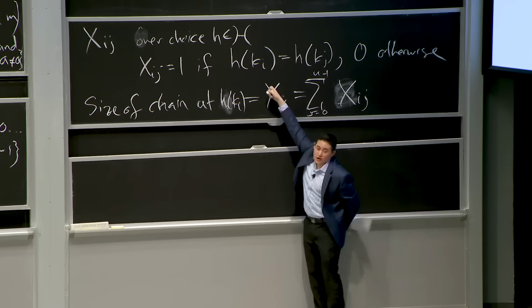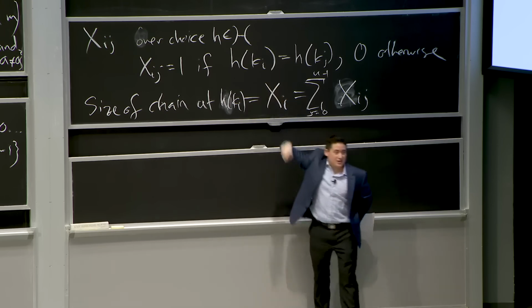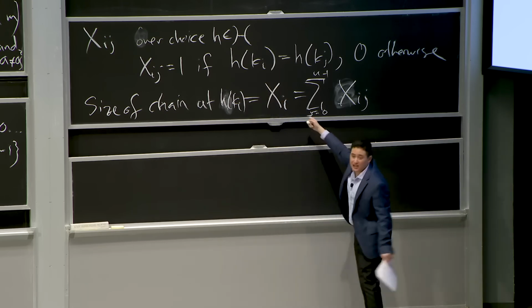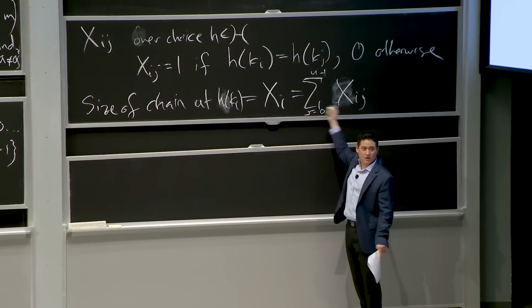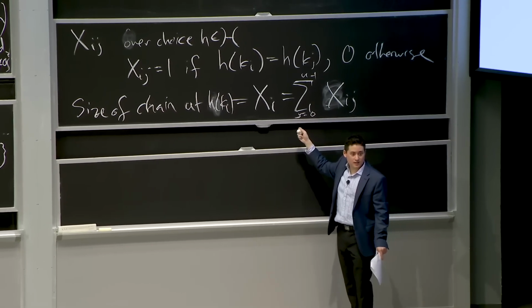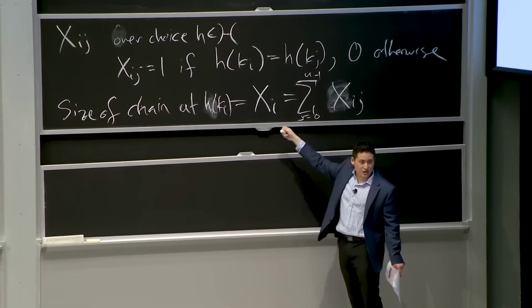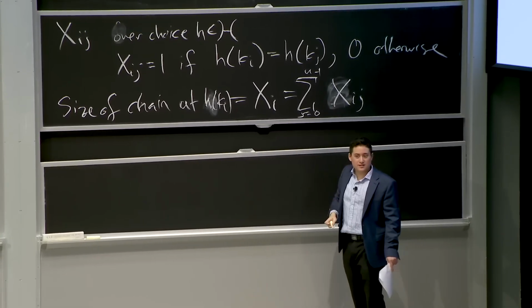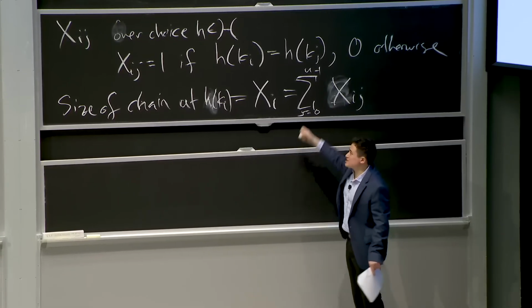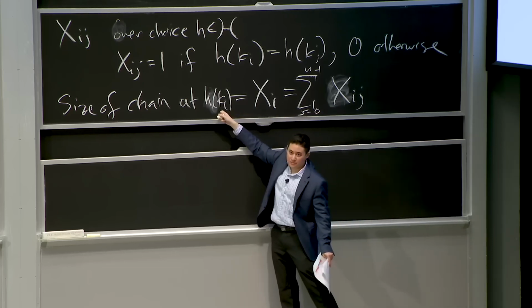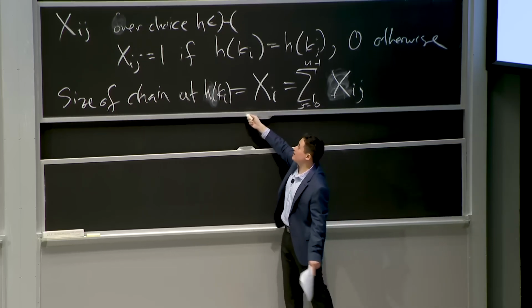So I look at wherever k_i is hashed, and I see how many things collide with it. I'm just summing over all of these things, because this is 1 if there's a collision and 0 if there's not. Does that make sense? So this is the size of the chain at the index location mapped to by k_i.